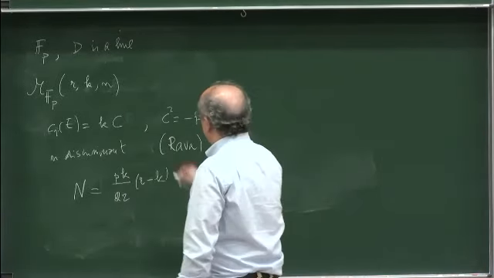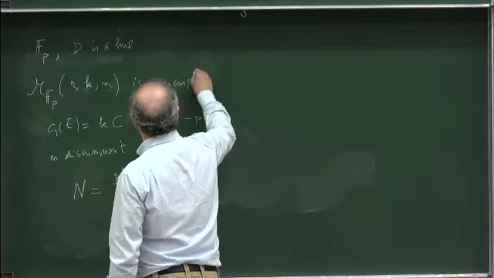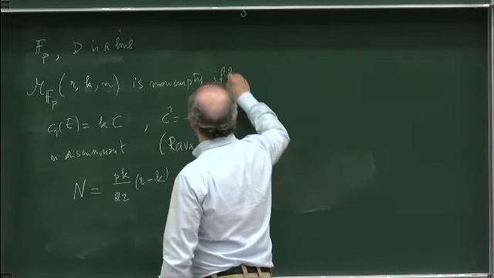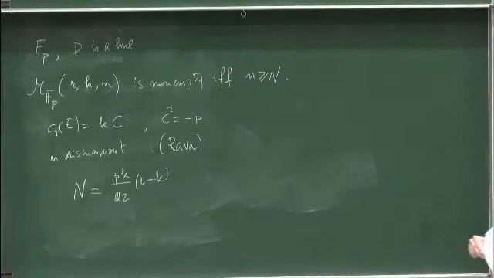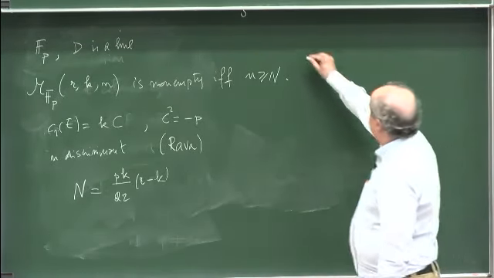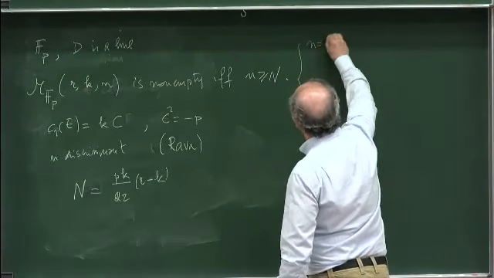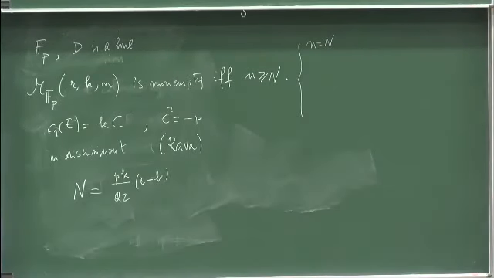And you can prove that the moduli space is non-empty if and only if this inequality holds true. And in the case where n is equal to N capital, so the lower bound, the moduli space is very nice. It's a vector bundle over a Grassmannian.